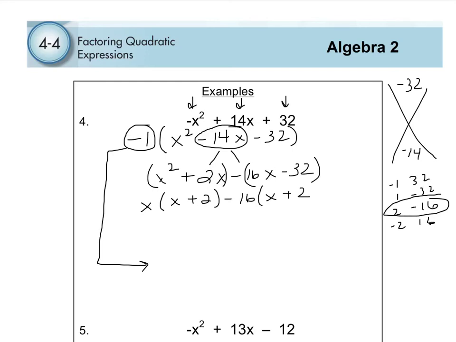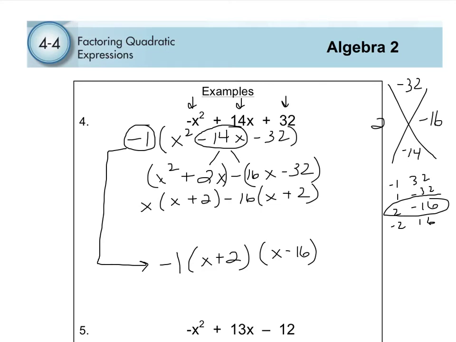Again, negative 32 divided by negative 16 is positive 2. So I have an x plus 2 in common. I have an x minus 16 left over, and don't forget, the reason I drew that arrow is so that I don't forget that negative 1 out front. Anytime you have a negative first term, your squared term is negative, you always have to get rid of that.